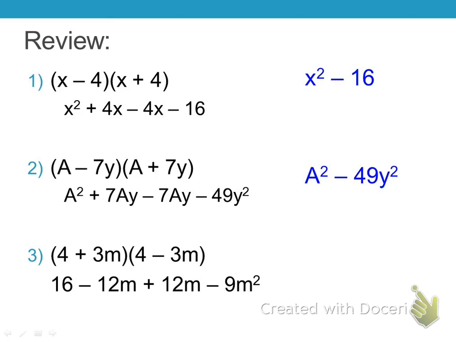Good. So this is what we were just talking about. It doesn't matter if the plus or the minus is in the first binomial or the second binomial. You can flip-flop them. It still works, okay? This guy always ends up negative because of the fact that the signs are different, okay? So you end up with 16 minus 9m squared.